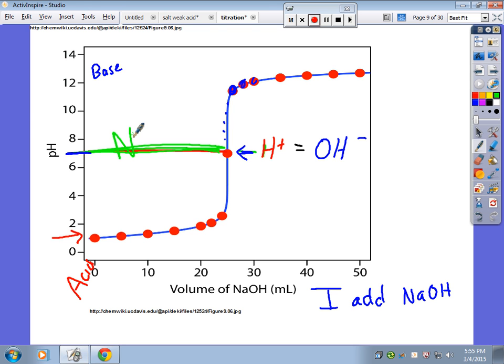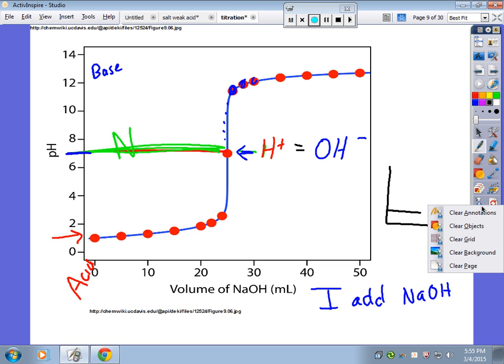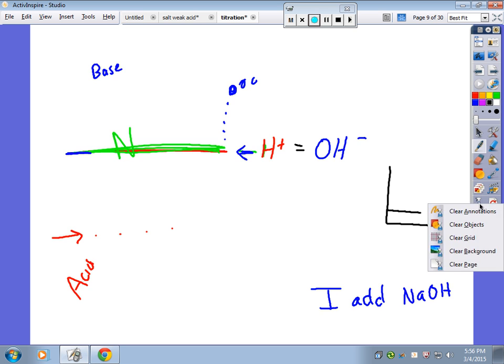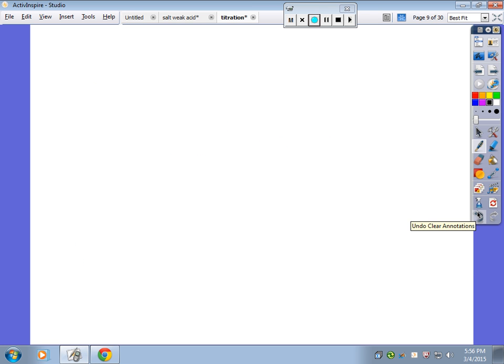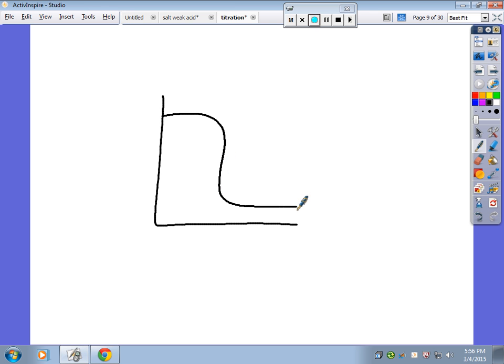If you didn't have this, you could graph it. Now, I will tell you right now that when you have a strong acid or a strong base, the line leaves the y-axis very cleanly like this. That's strong. So what would it look like if I had a pH that started high and went low like this?